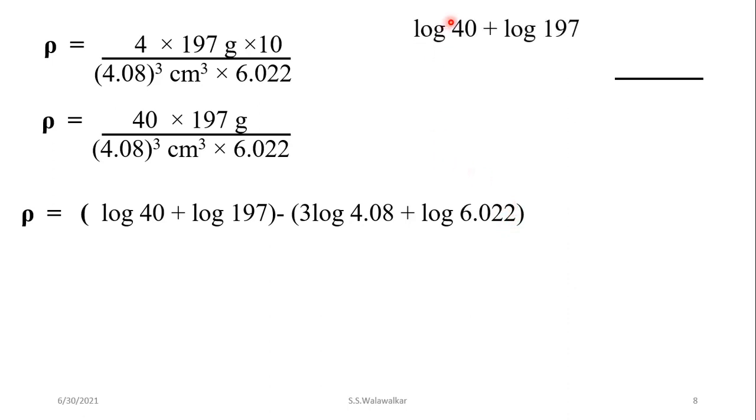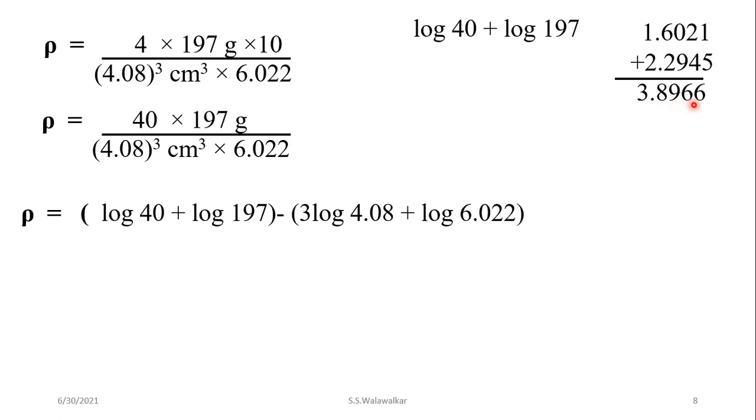Now log of 40 plus log of 197: the characteristic of 40 is 1, and the mantissa is .6021, so 1.6021. Plus log of 197, characteristic 2, and the mantissa is .2945, so 2.2945. If you add this, then you will get 3.8966.